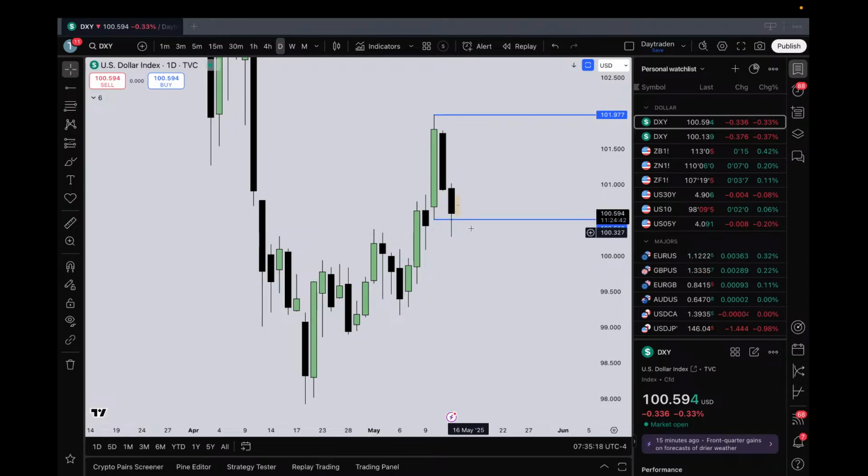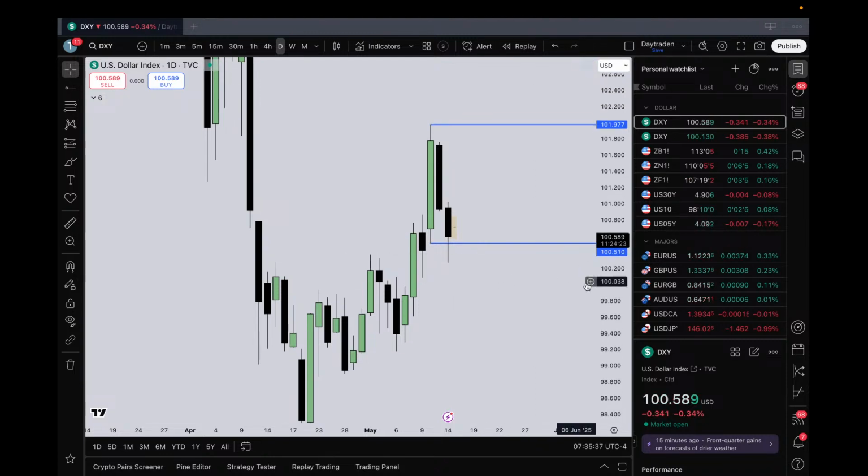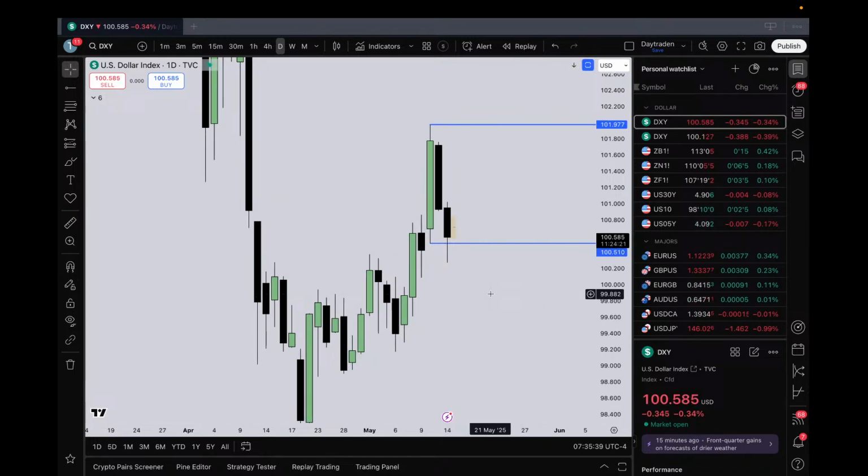But for now, with how the current daily candle is forming, I am going to remain with my bullish bias on dollar. However, that is also immediately my invalidation of the current plan that I have. So that's it actually, in short.